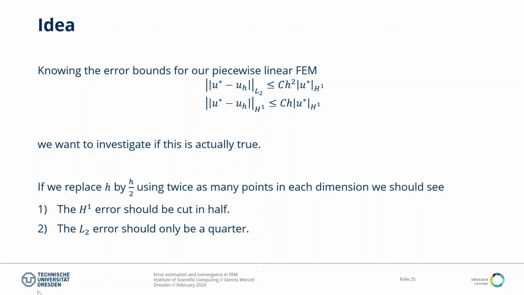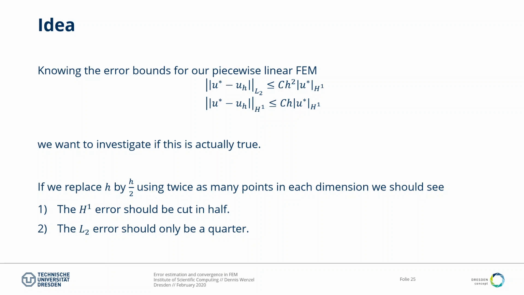Okay? And also just a quick side remark, it's not a coincidence that the H1 error is decaying less strongly. That's always the case. So the more derivatives you want to take into account when talking about an error, the weaker your statements are getting.